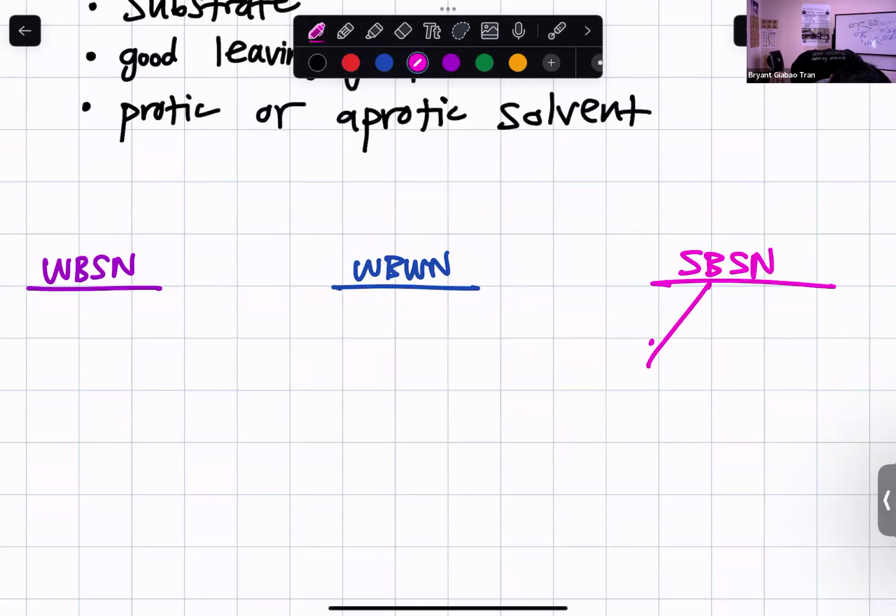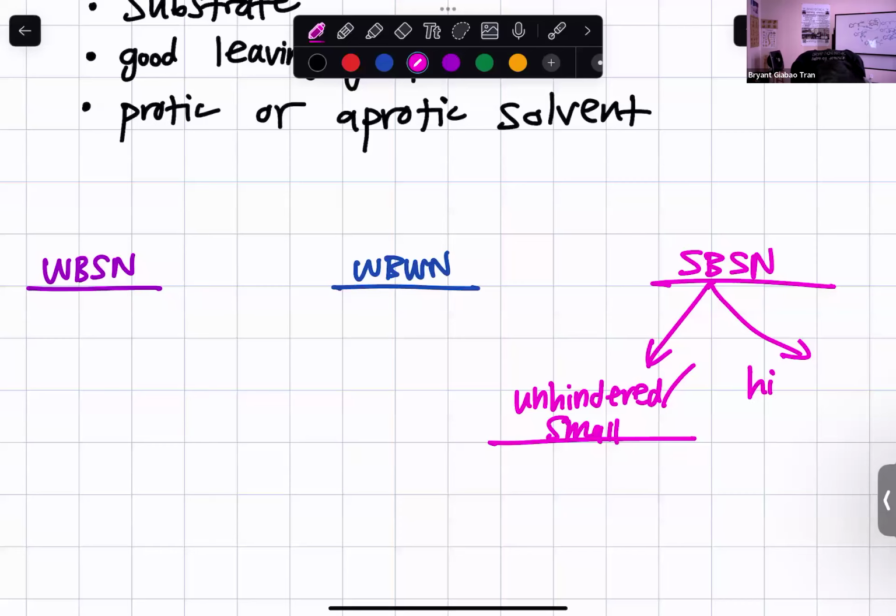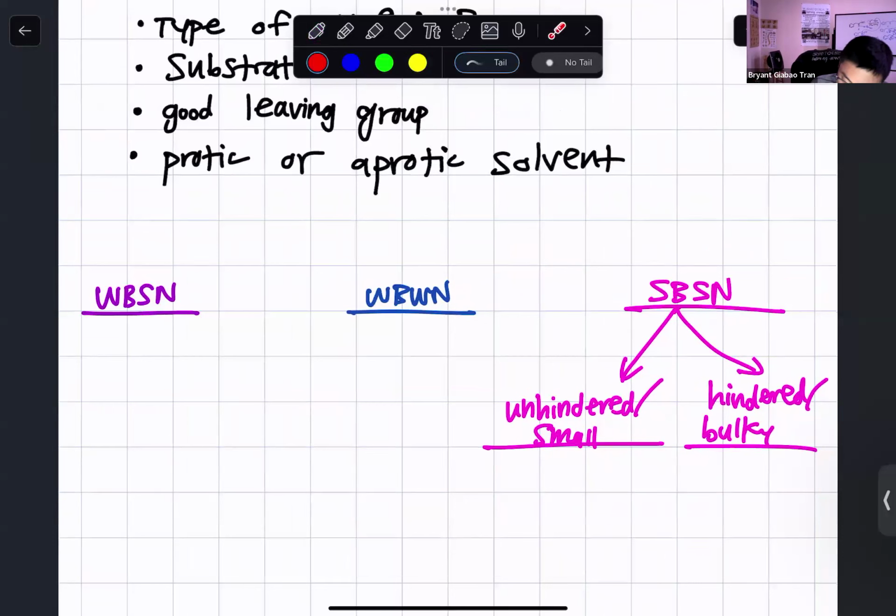And there's two types of strong base, strong nucleophiles that you need to know. There's an unhindered type, or a small base. And there's a hindered type, or a bulky base.